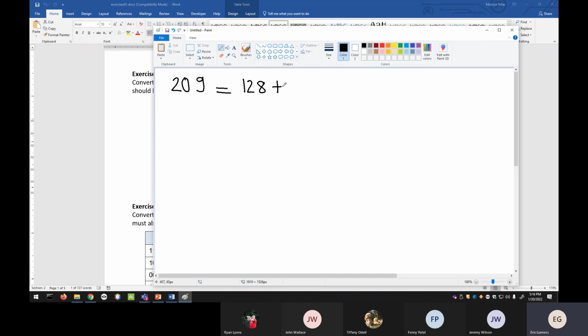And 81 is what? 64 plus 17, isn't it? 64 plus 17 is 81. And 17 is 16 plus 1. So what can I say about 209? 128 is there, 64 is there, 32 is not there, 16 is there, 8 is not there, 4 is not there, 2 is not in the sum, and 1 is there. That will be in binary.